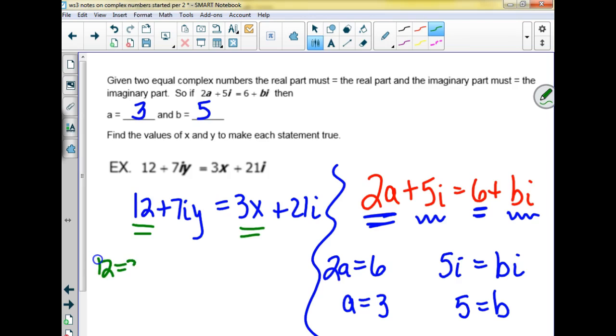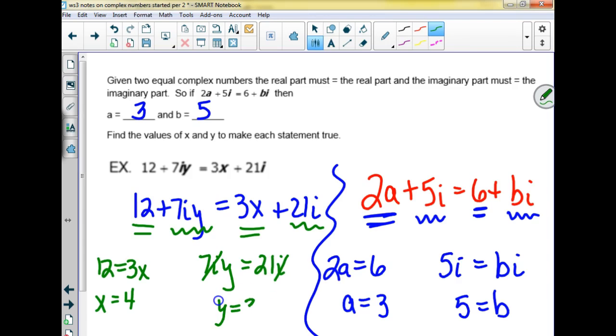So if 12 has to equal 3x, then x has to be 4. 7iy is imaginary. And over here it has to equal 21i. Well, you could knock the i out of each, right? And you'd have 7y equals 21, so y would have to be 3. Super easy. It's just kind of confusing when you look at it because it has so many variables.